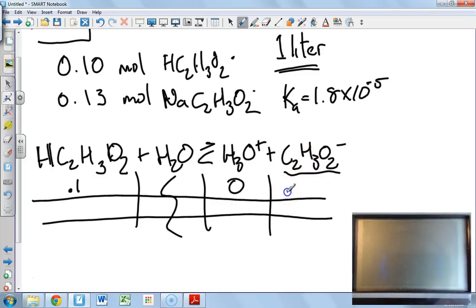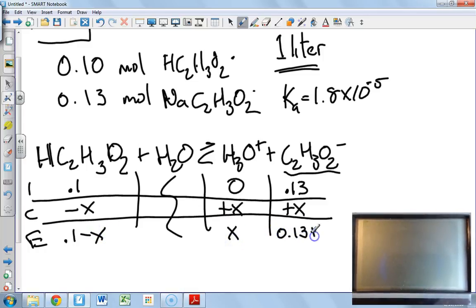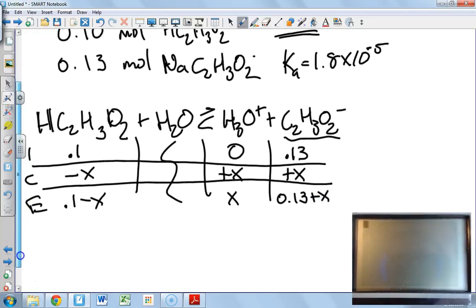Per 1 liter, that means the molarity is 0.13. It shifts to the right because there's a 0 over here, so this is going to be minus x, minus x, and we get 0.1 minus x, and 0.13 plus x.